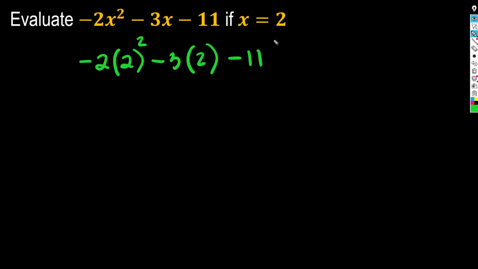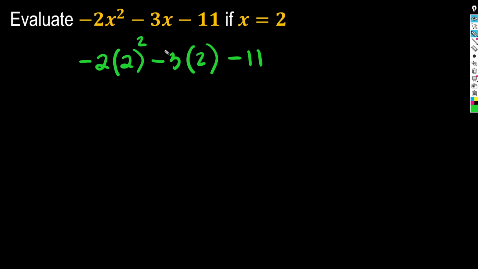Remember, PEMDAS is a non-negotiable mathematical principle. It doesn't choose when you can use it. You always have to follow PEMDAS, no? And hopefully, at this point, we have mastered PEMDAS.